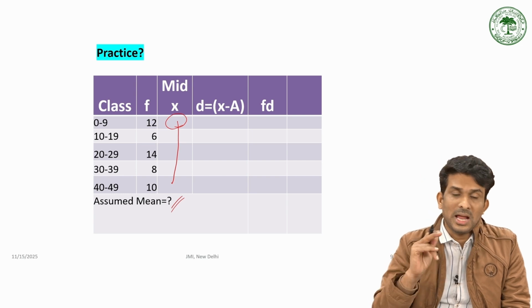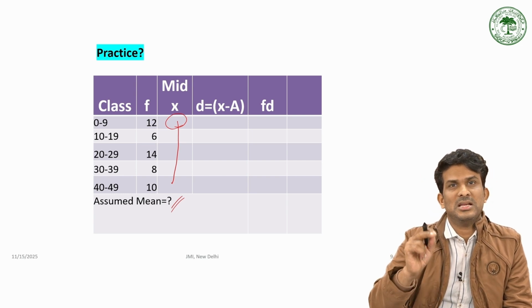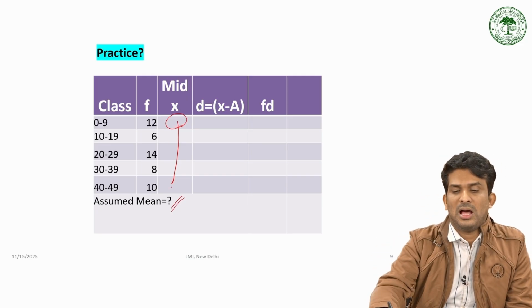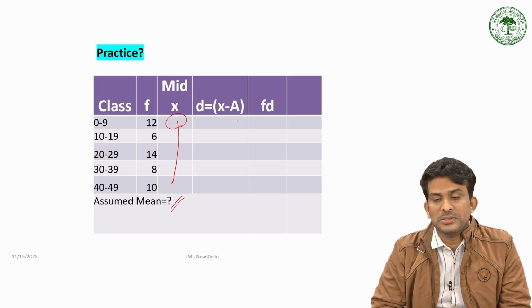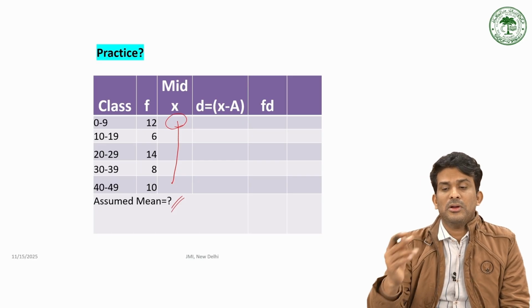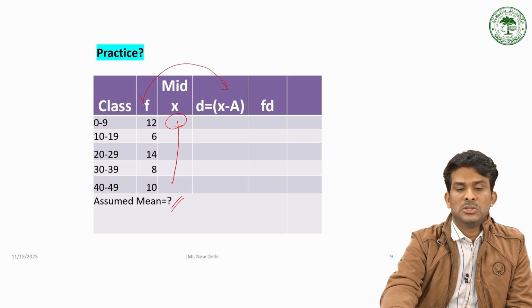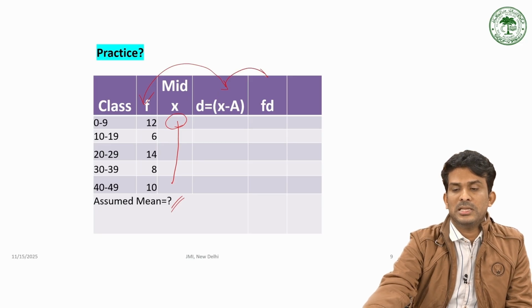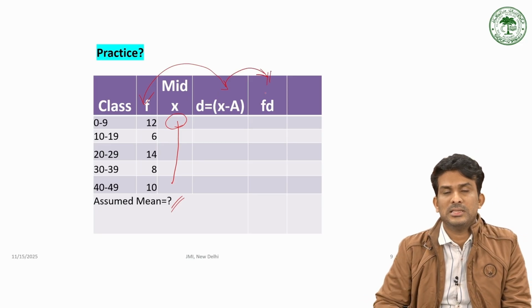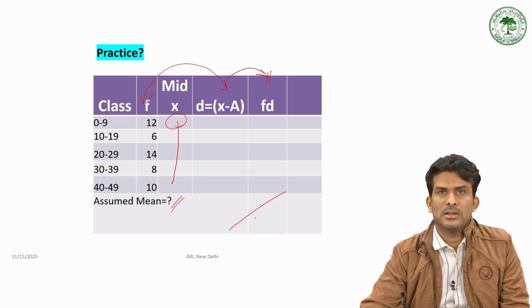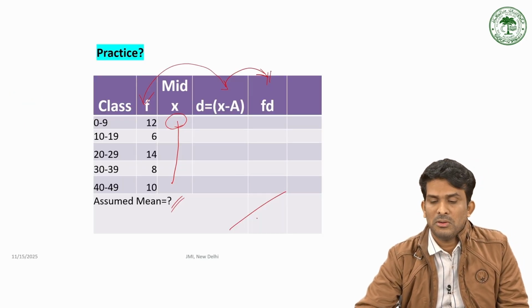Got it? Now go for D. What is D? The difference between the midpoint of the class and the assumed mean. Then go for F into D. We are just multiplying these two columns to create this value. When you take the total, you will get sigma FD.